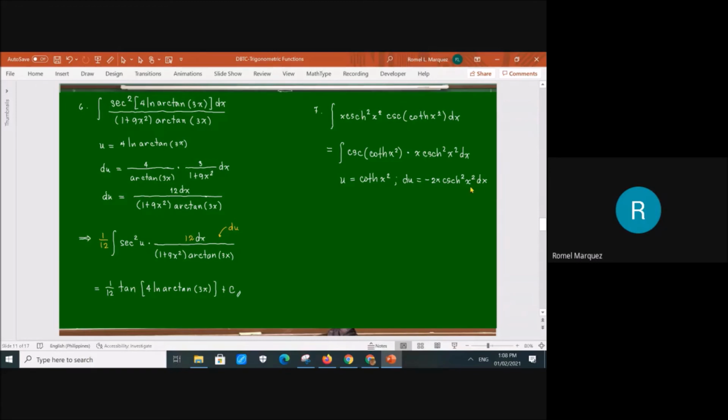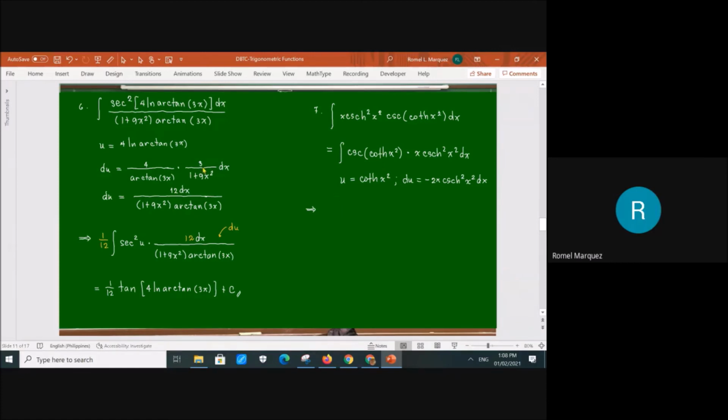Is that correct now, guys? Do you still remember the derivative of hyperbolic tangent? What's the derivative of hyperbolic tangent? Remember it, it's related to the trigonometric one.